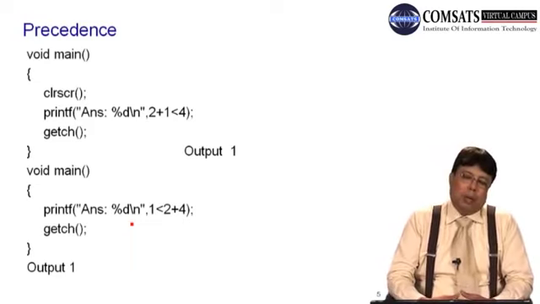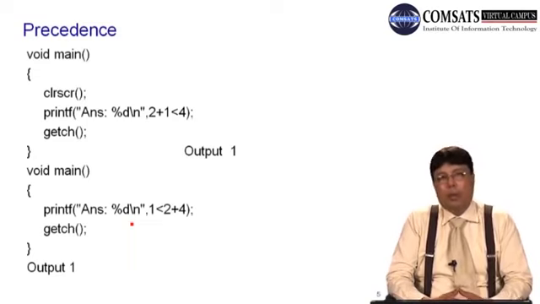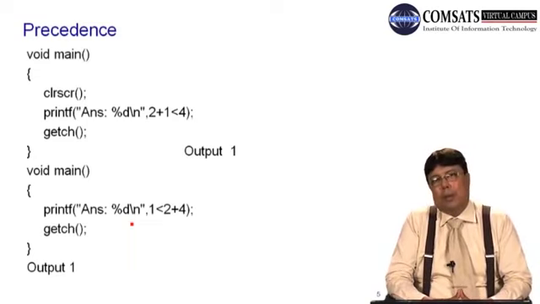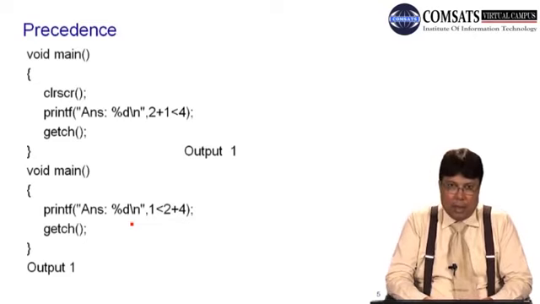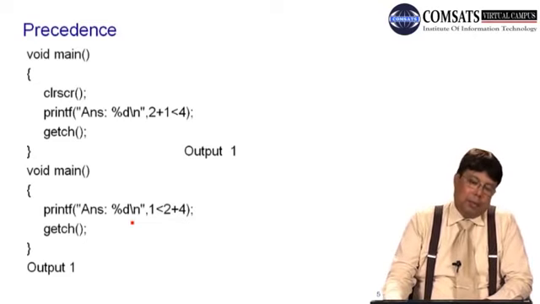Then in this particular example, not only have we used the relational operator, but we have combined it with the arithmetic operator, and we have seen that the arithmetic operator has the higher precedence, therefore 2 plus 1 will be evaluated first, then it will be compared with 4. Similarly, 2 plus 4 that contains an arithmetic operator will be evaluated first, then it will be compared with 1. Okay, let's move ahead.